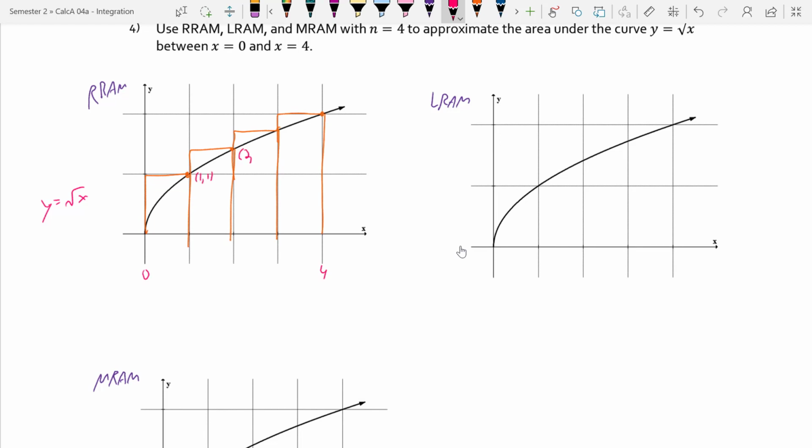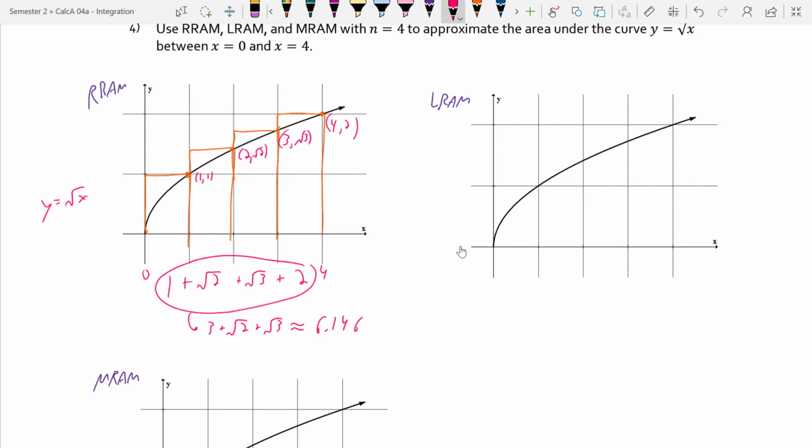This is the point 2, root 2. This is the point 3, root 3. And then this is the point 4, 2. And if I calculate the areas now, I would have 1 times 1 plus root 2 plus root 3 plus 2. And that would give me a simplified version of just 3 plus root 2 plus root 3, which if I calculated that in a calculator would be about 6.146 square units.